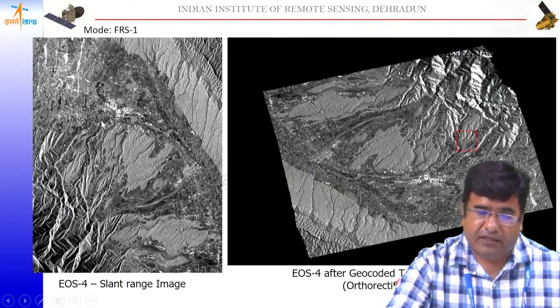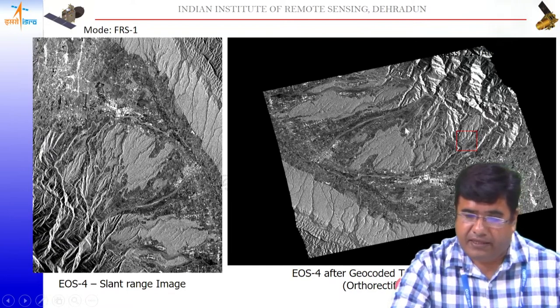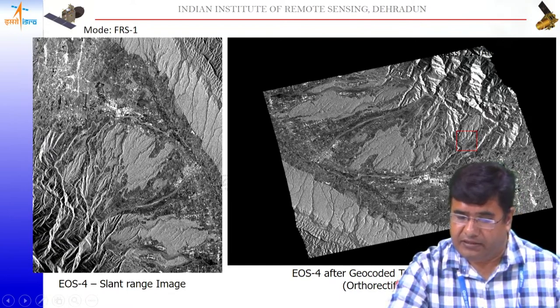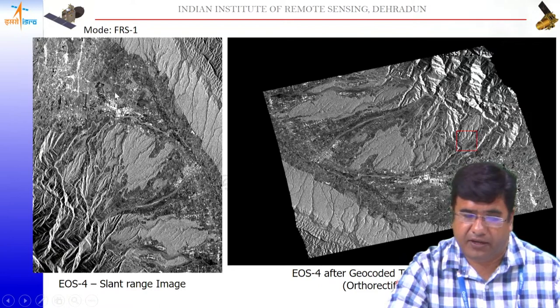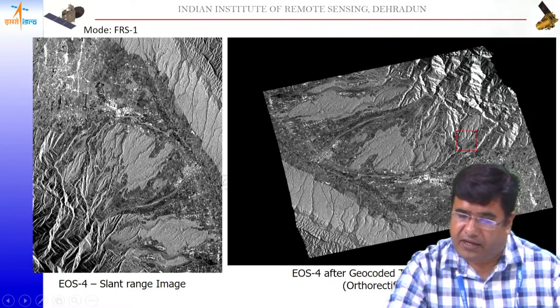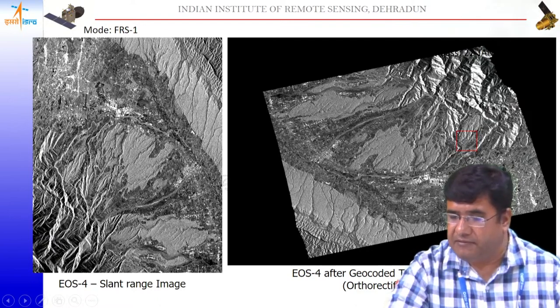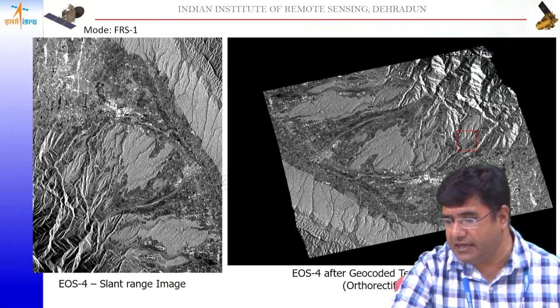Here you can see this is the slant range image, and this is the geocoded terrain corrected product. You can see these mountains have no proper geometry, but after the geocoded terrain correction, the perception is corrected.